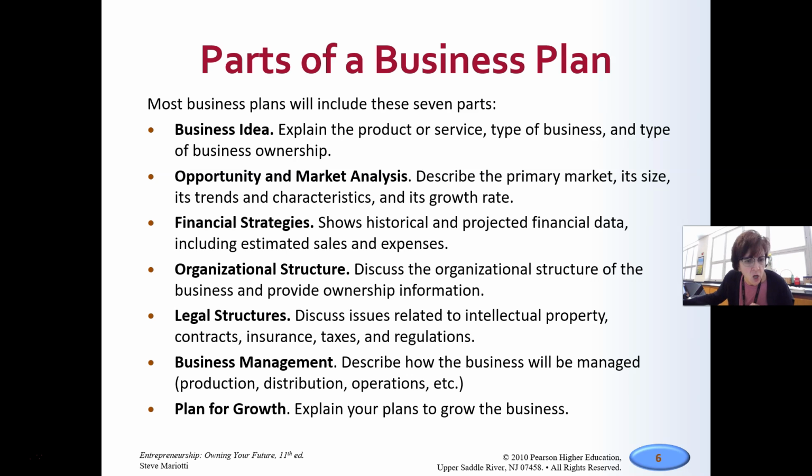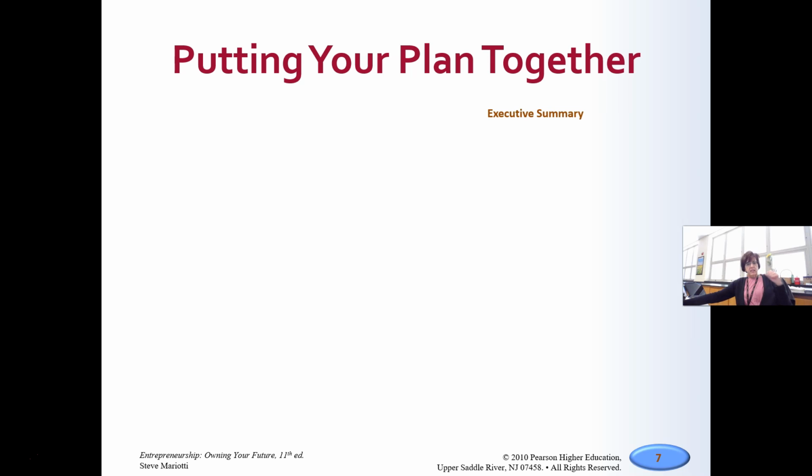So Ray Kroc bought McDonald's business and then did something called franchising. He formed the McDonald's Corporation, and then allowed others to buy a franchise so that they too could be business owners. So that potential for growth, you always have to be thinking about the future and how big you can get, putting this plan together.